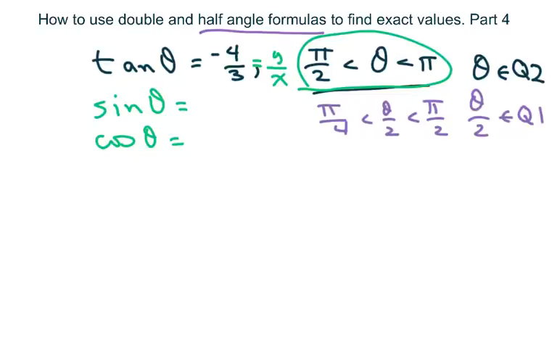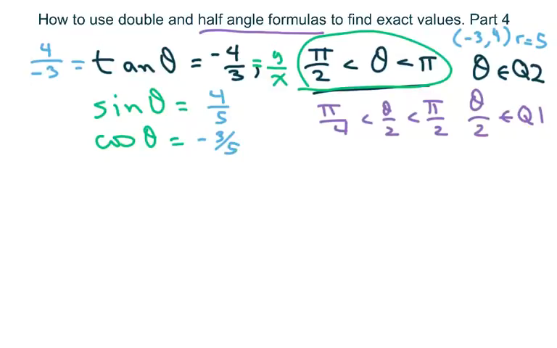My y has to be positive in quadrant 2, so this is 4 over -3. So my x is -3, my y is 4, and my r is 5 because of your Pythagorean triples. So sine is 4 over 5, and cosine is -3 over 5.